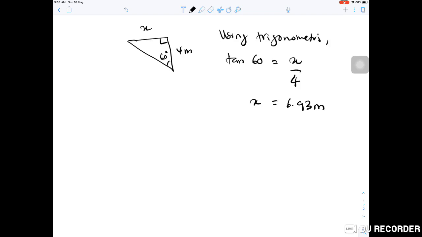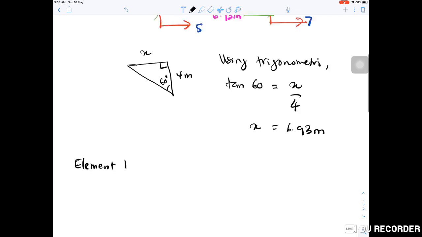Element number 1. Okay, I want to extract one by one element so that you can see clearly and understand the analysis. Okay, element 1.